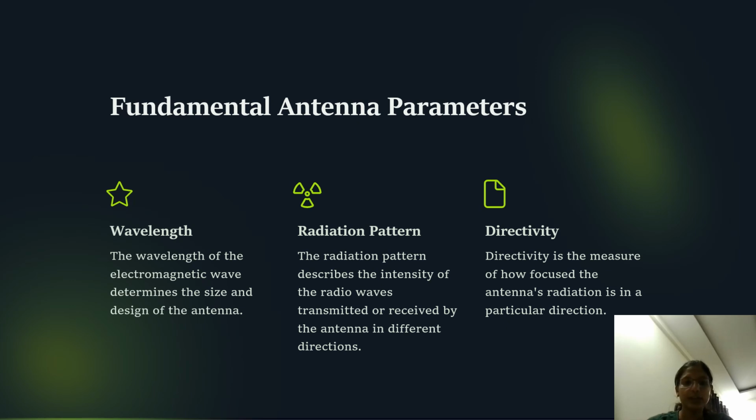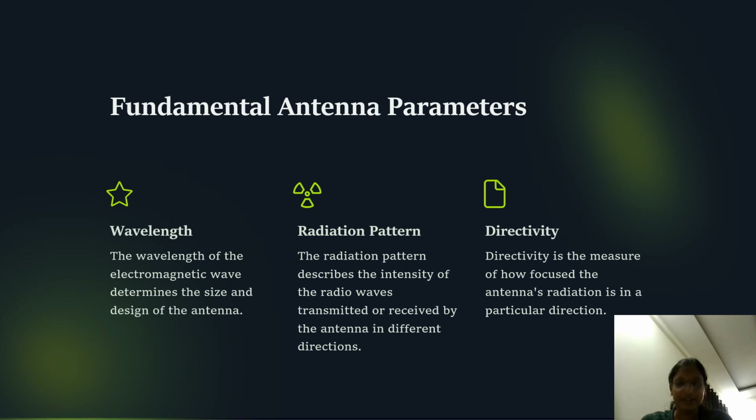The wavelength of the electromagnetic waves determines the size and design of the antenna. Here we cannot determine the exact wavelength of an antenna. It completely depends upon the size and the shape of the antenna. Antennas are present in different shapes, sizes, and designs, so based on that, the wavelength can be taken.